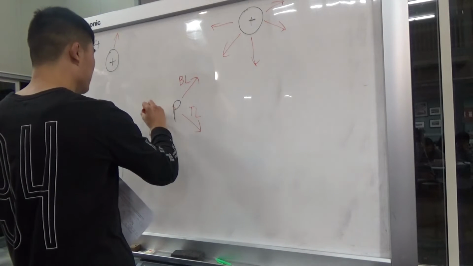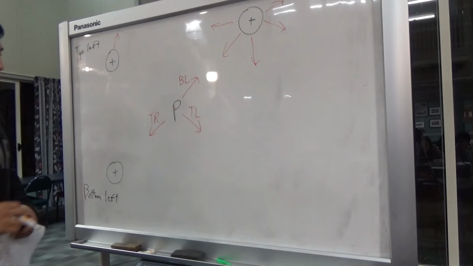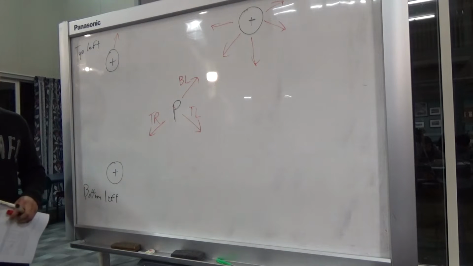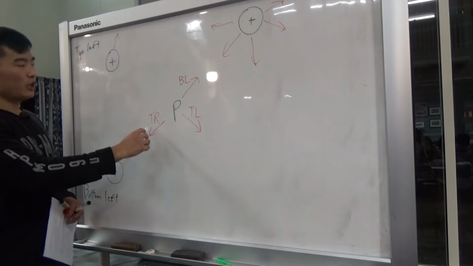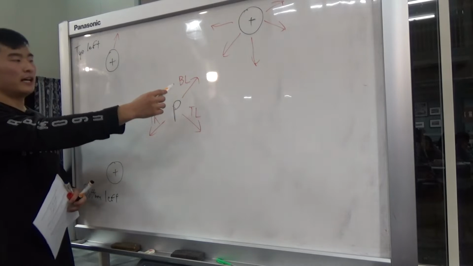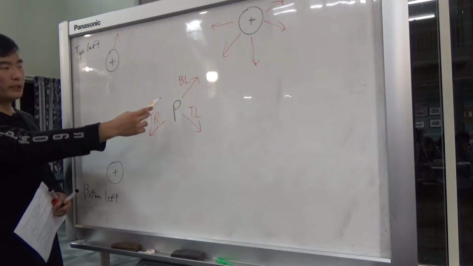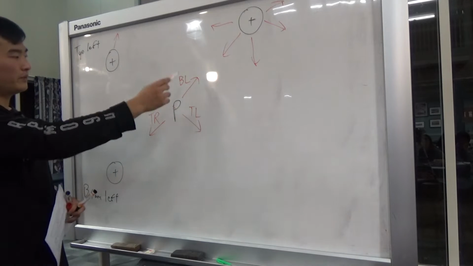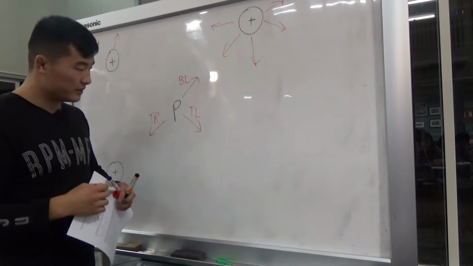So this is TR for top right. You could probably guess by now that the top right and the bottom left are going to cancel each other out. So at point P, these two would cancel each other out.